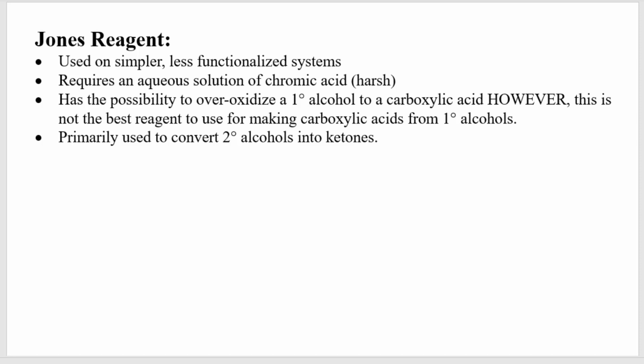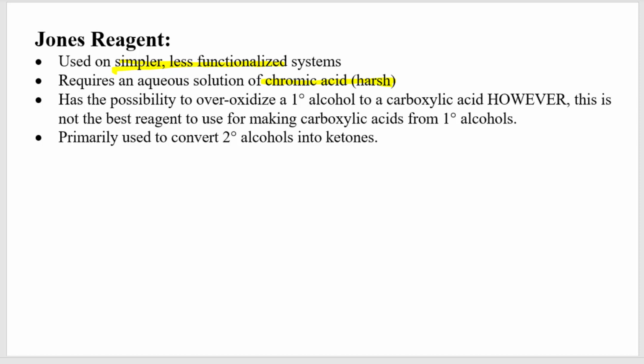And so the fact that this reagent requires chromic acid is what makes it pretty harsh. If ever you see a synthesis using Jones reagent, they tend to be on simpler and less functionalized systems because it is chromic acid. It's a very harsh condition to use.